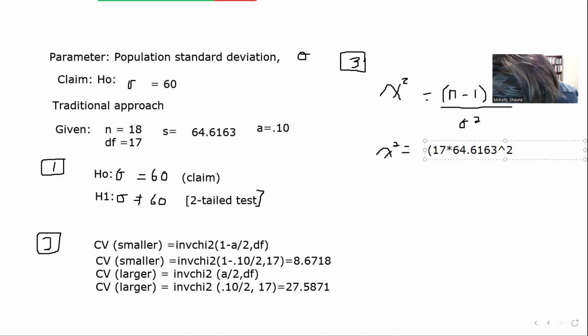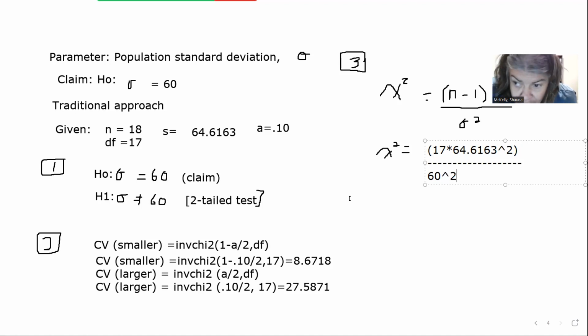And we're going to divide that by sigma squared, so 60 squared, which some of you might know, but that's okay.